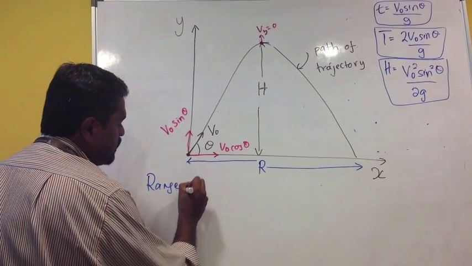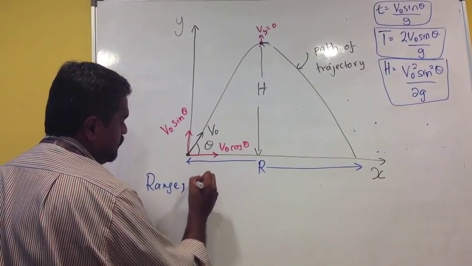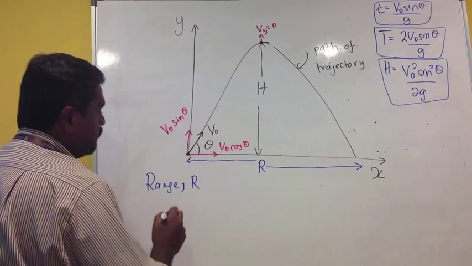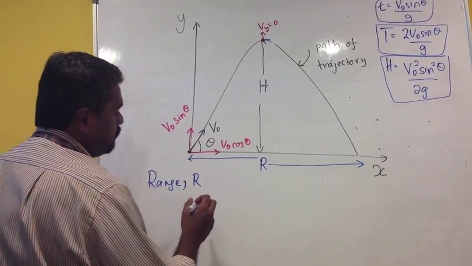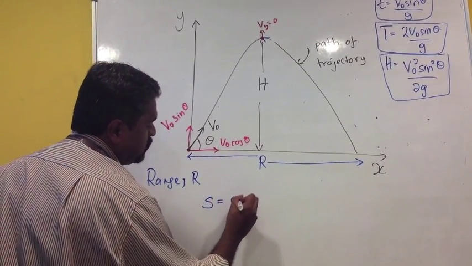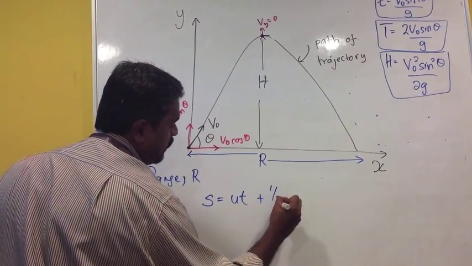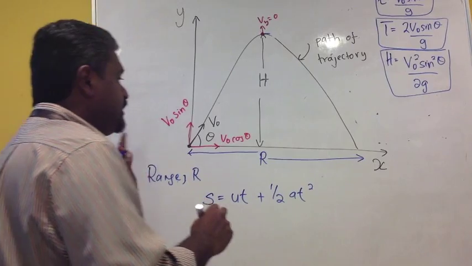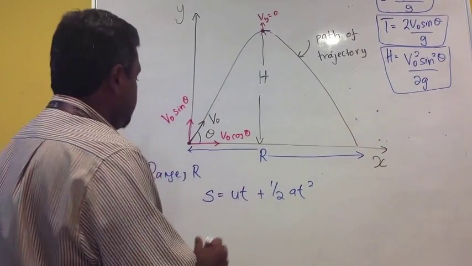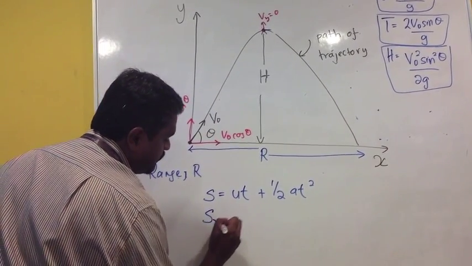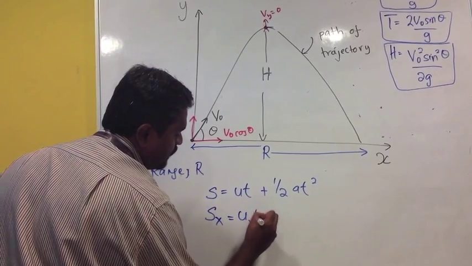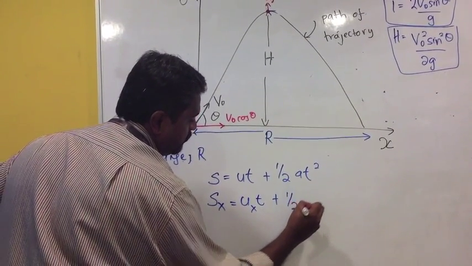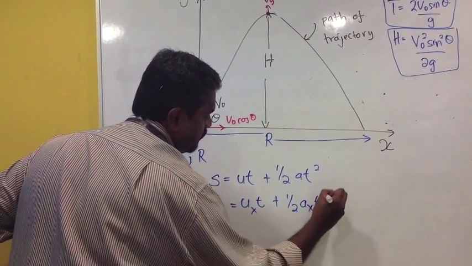So range is normally symbolized by the capital letter R, and we can start by saying s equals ut plus half at squared. Since I'm analyzing things in the x direction, I will say s_x equals u_x t plus half a_x t squared.